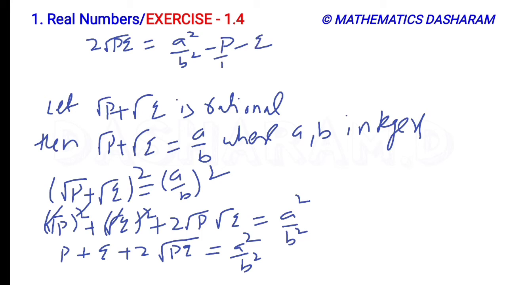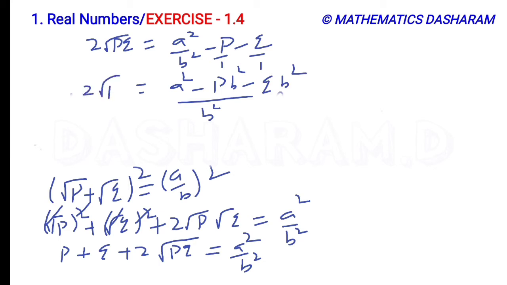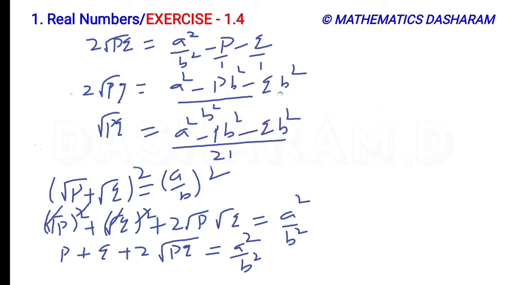Now p can be written as p by 1. Let's take the LCM, b². So a² minus p b² minus q b² equals 2 into under root p into q. So under root p into q equals (a² minus p b² minus q b²) divided by 2 into b².